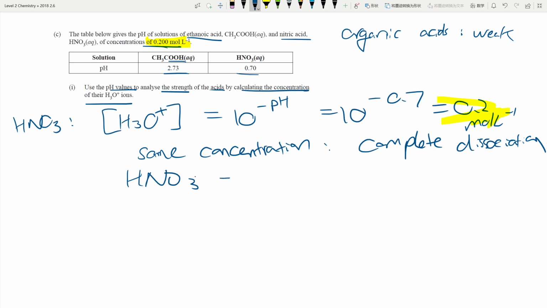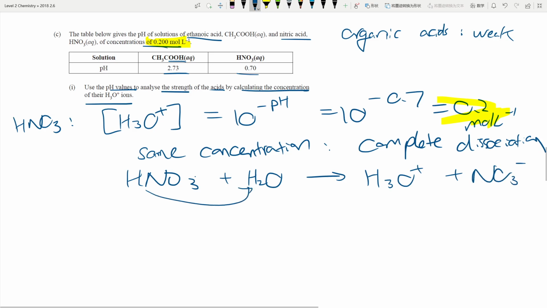Plus H2O gives H3O plus and NO3 minus. So this is a complete dissociation, because we know the concentration of HNO3 is 0.2 moles per liter, and the H3O plus is 0.2 mole per liter, because it's a 1-to-1 mole ratio. That suggests this is a complete dissociation. Okay, so that's how we can figure it out.